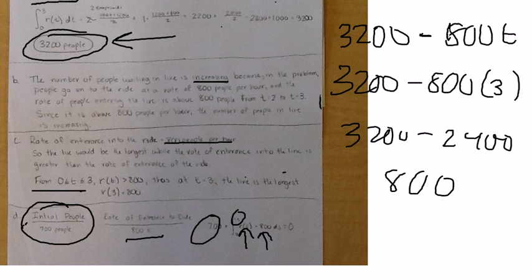And we set that whole thing to 0 because we want to find when there's no longer a line. So in this one, to actually find the time, we have to solve for t. And basically, that's it. Thank you.